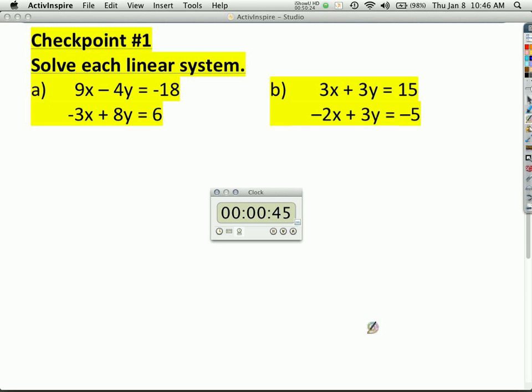Which one? You said negative 15 last time? Well, that's not yours.